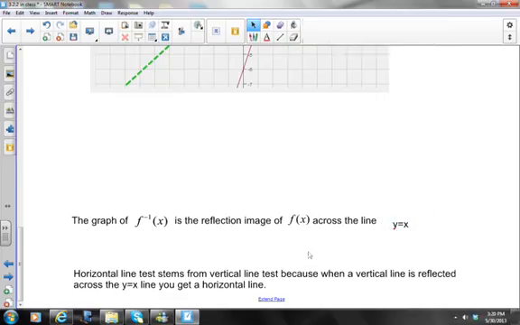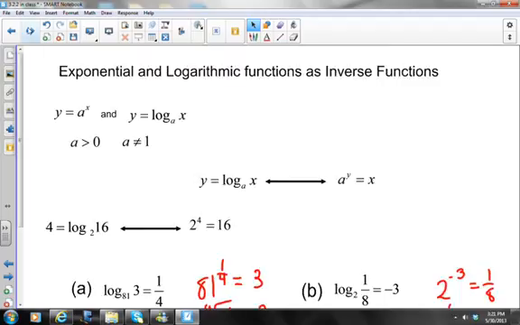And the horizontal line test actually stems from the vertical line test, because when a vertical line is reflected across the y equals x line, you get a horizontal line. So we use the vertical line test to determine whether something is a function or not. You can use the horizontal line test to determine whether or not a function has an inverse.